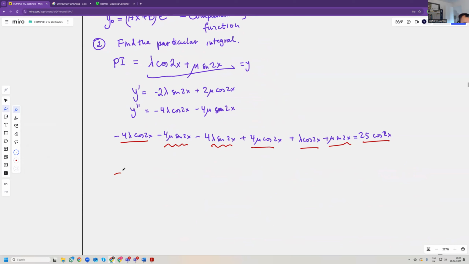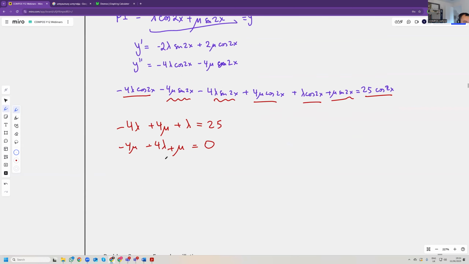So these have to be equal, and these have to be equal. In other words, minus 4 lambda plus 4 mu plus lambda must equal 25, and minus 4 mu minus 4 lambda plus mu is equal to 0.